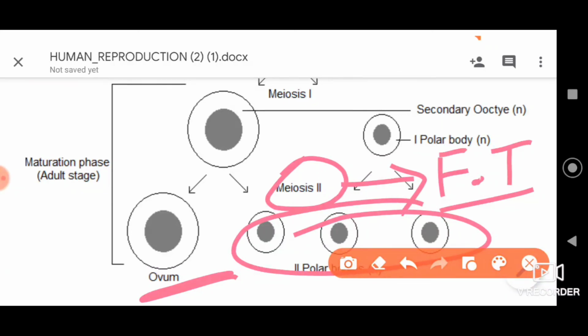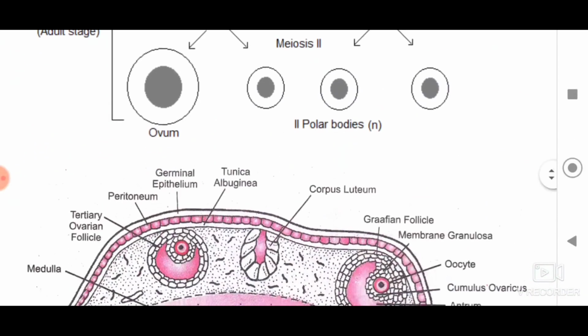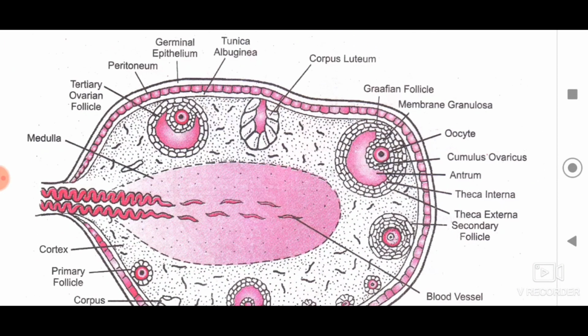So thus, let me tell you that in oogenesis, we can find only one functional haploid ovum. So dear friends, these are the important aspects which you need to remember pertaining to the concept of oogenesis and the structure of the ovary.